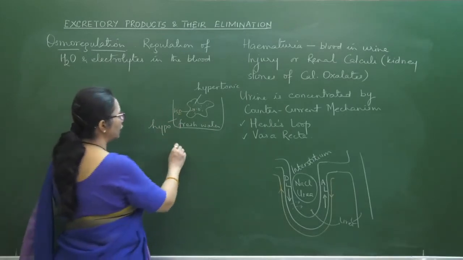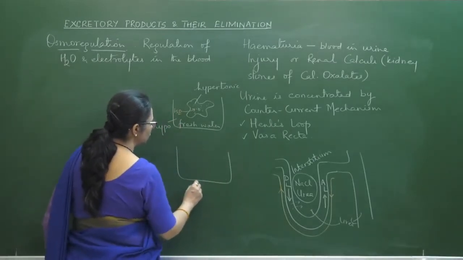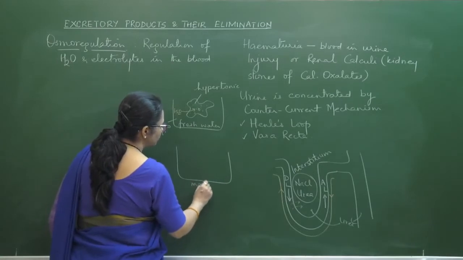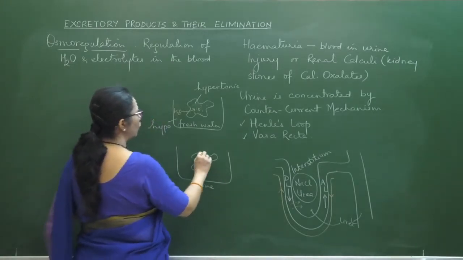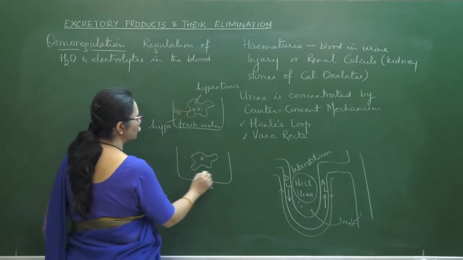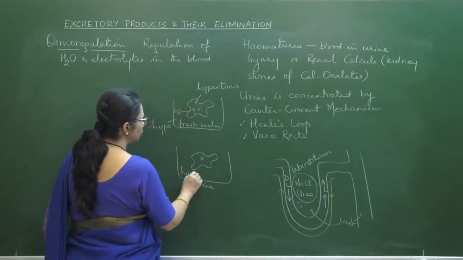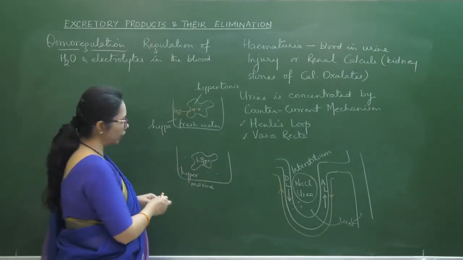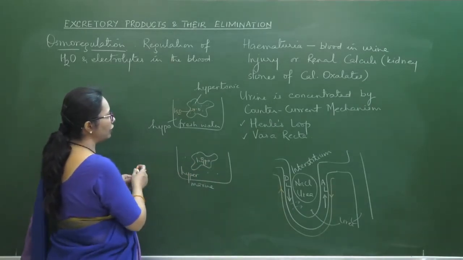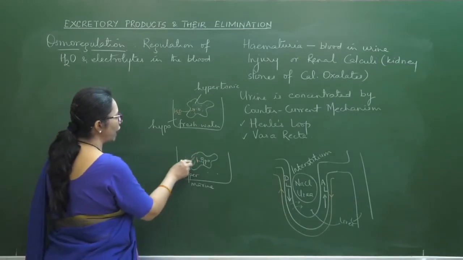And the other condition, suppose this is marine water, and in the marine water if the organism is there, now marine water has a lot of salt in it, so this is hypertonic. In comparison the body fluid is hypotonic. So where will the water move? The water will move out of the cell.